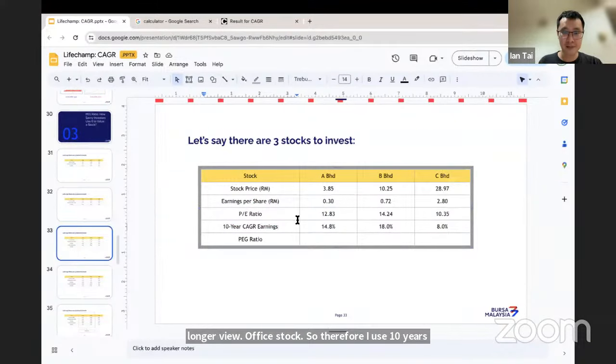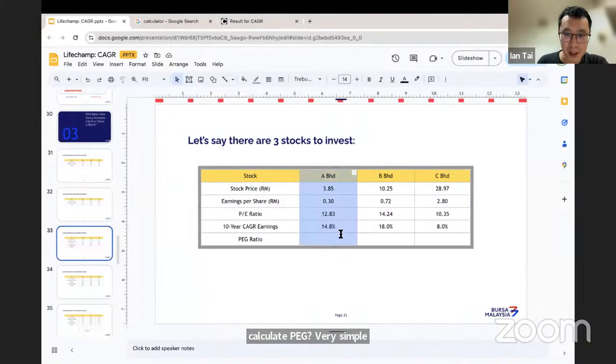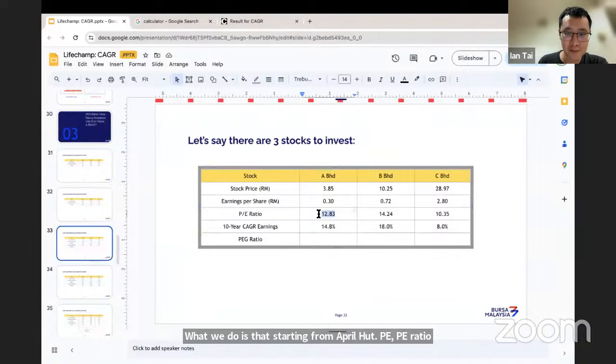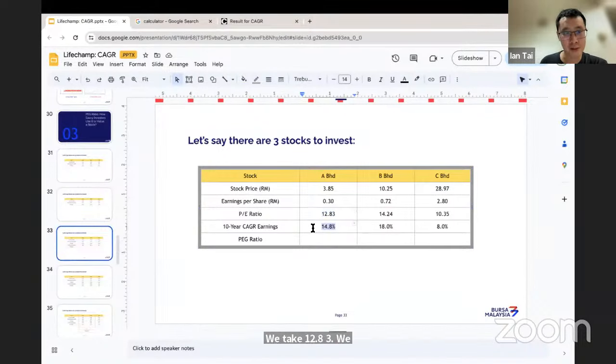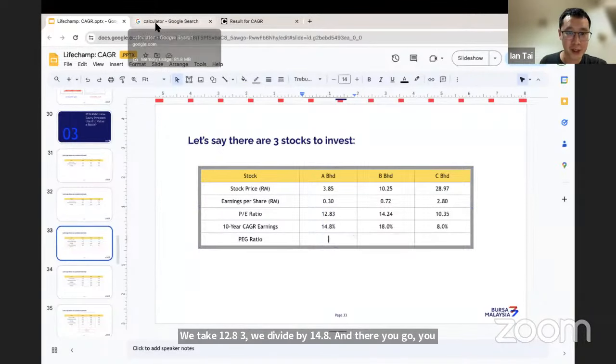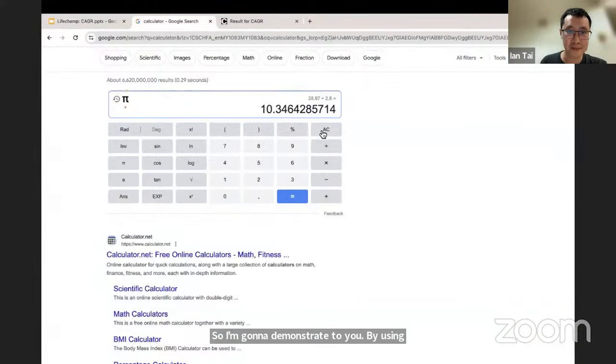Now, coming to this slide, how do we calculate PEG? Very simple. Starting from A Berhad, the PE ratio is 12.83. We take 12.83 and divide by 14.8, and there you go, you will have your PEG ratio. I'm going to demonstrate by using this calculator.